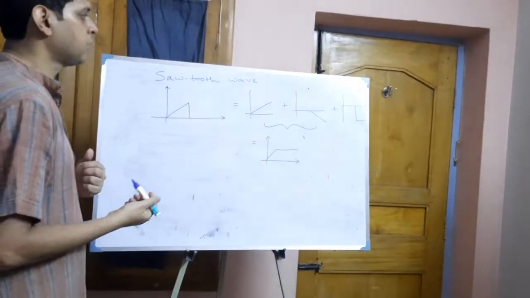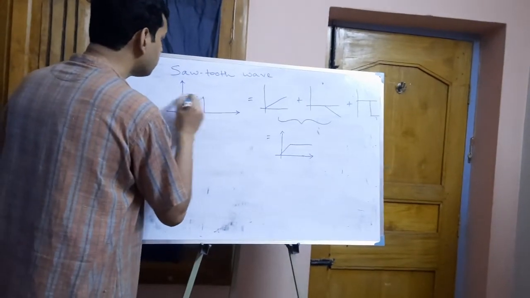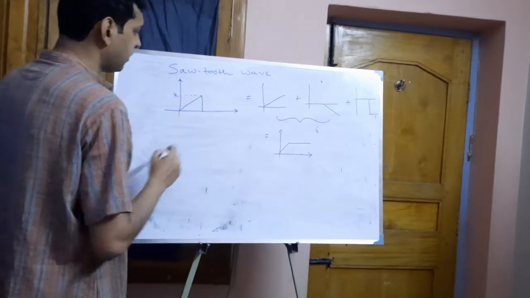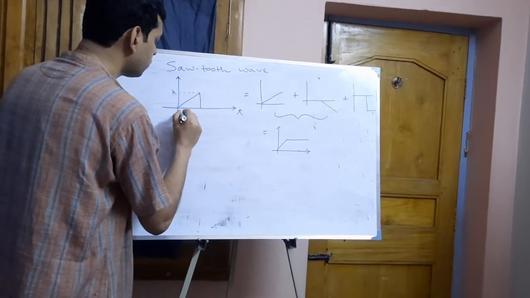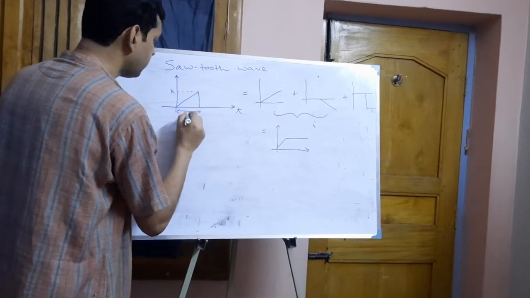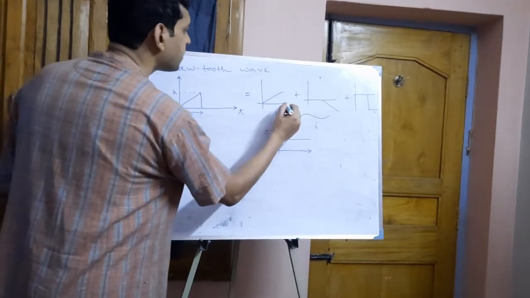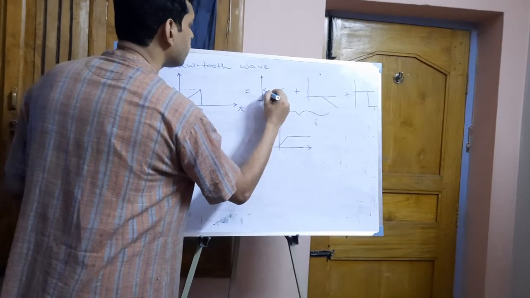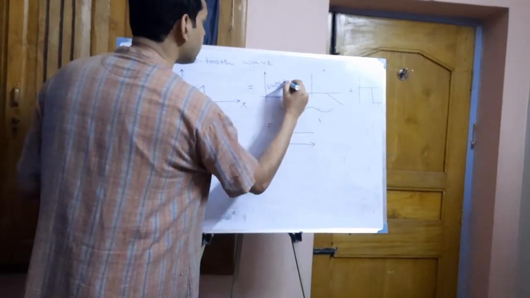Okay, now say this is equal to k and this is equal to, say, t equal to T. So we can write this as, this is a slope equal to what?